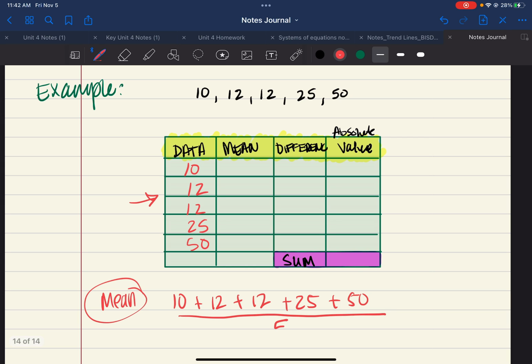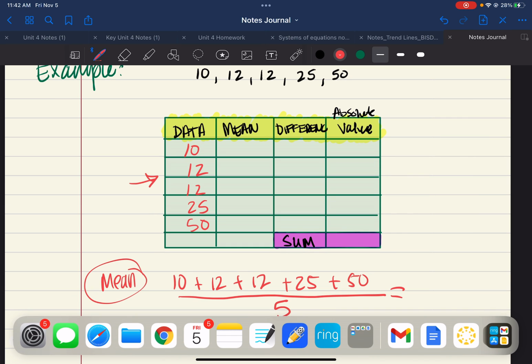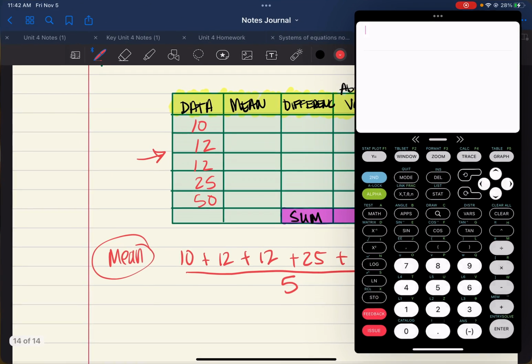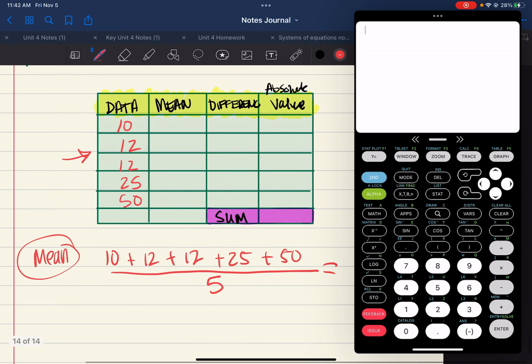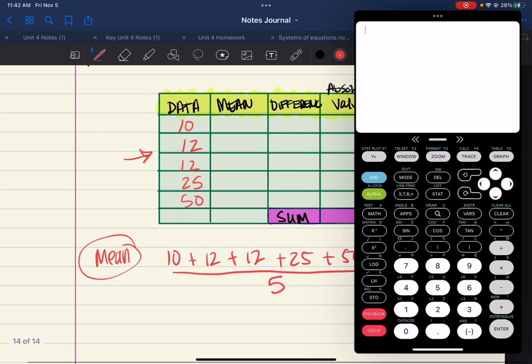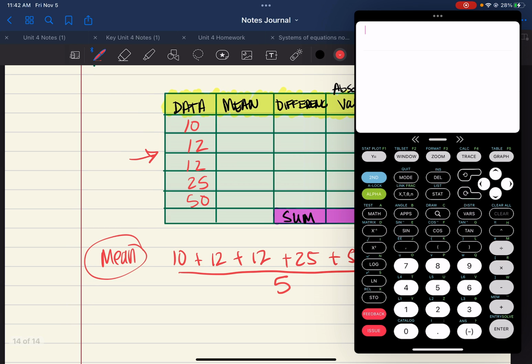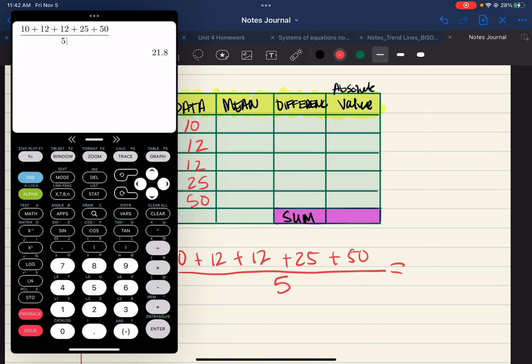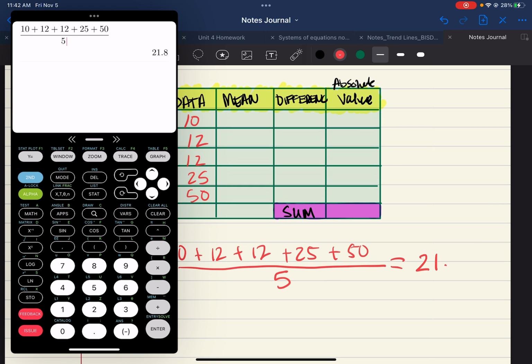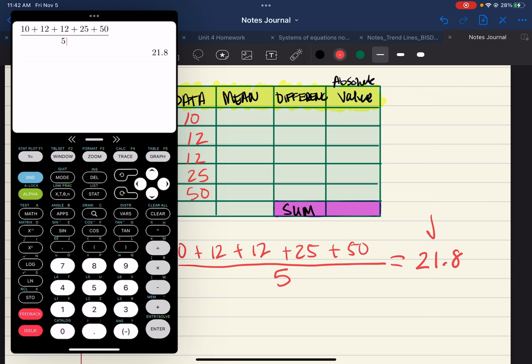Let me plug that into my calculator as a fraction: 10 plus 12 plus 12 plus 25 plus 50 divided over 5. What do I get? I get 21.8. So 21.8 is my mean, that's my average right now.